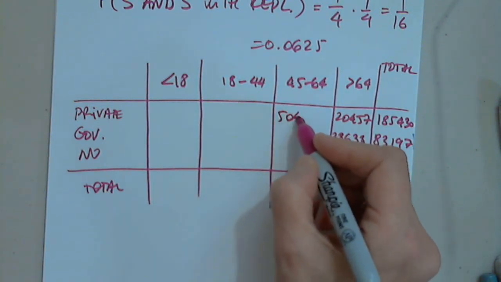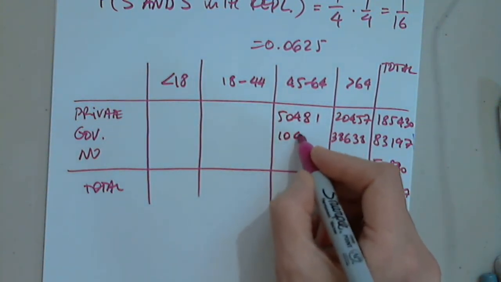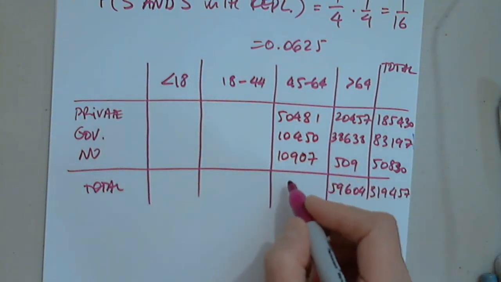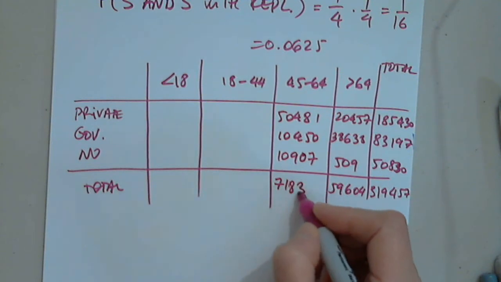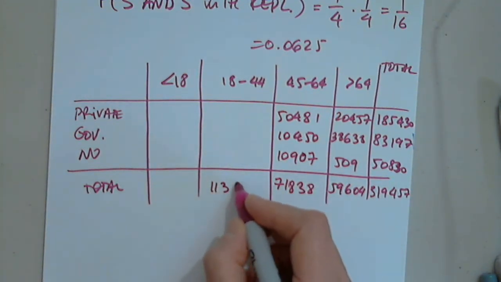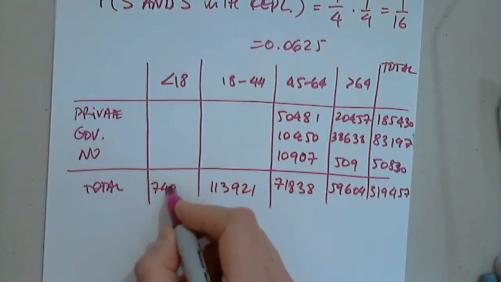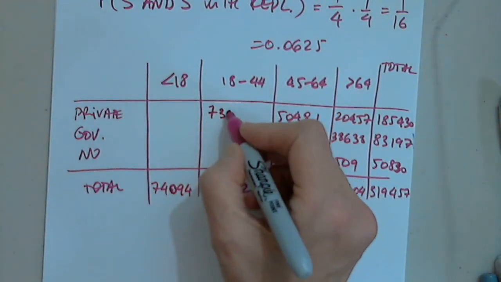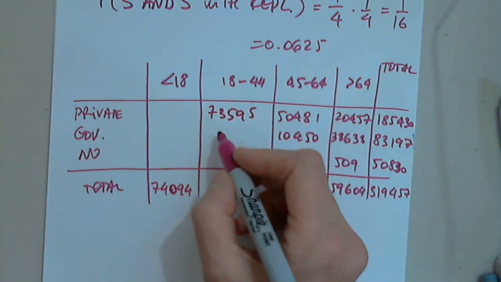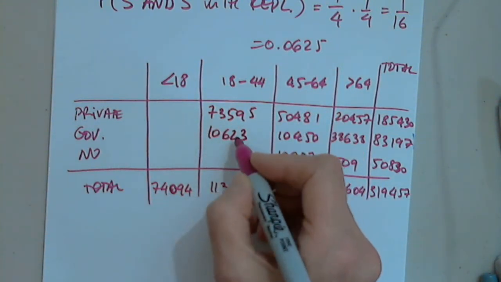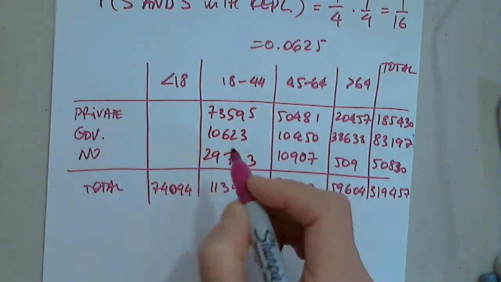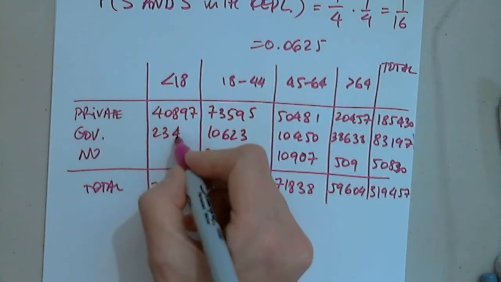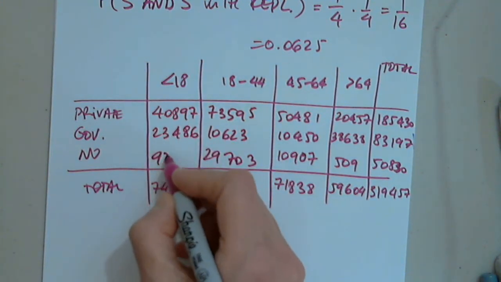Okay, 50, 481, 10, 450, 10, 907, 71, 838. Okay. Okay. 73, 595, 10, 623, 29, 703, and the last one. Okay.